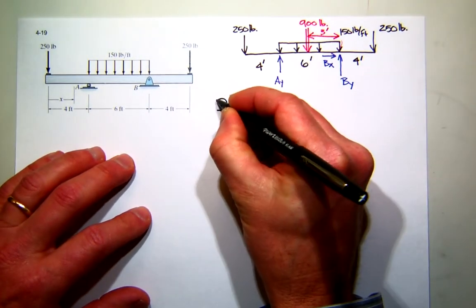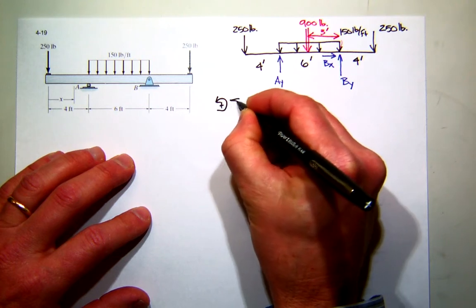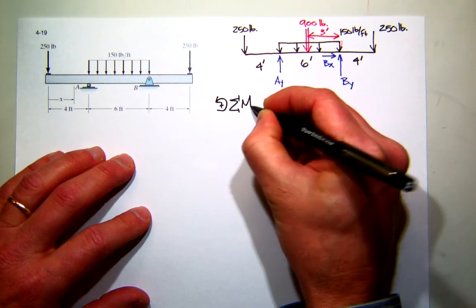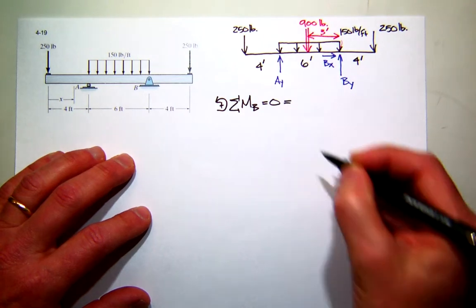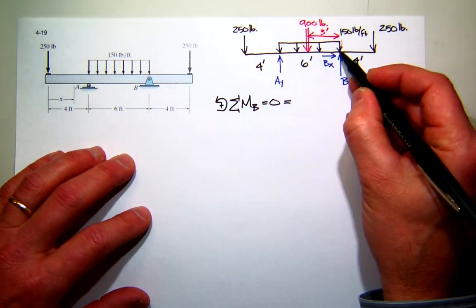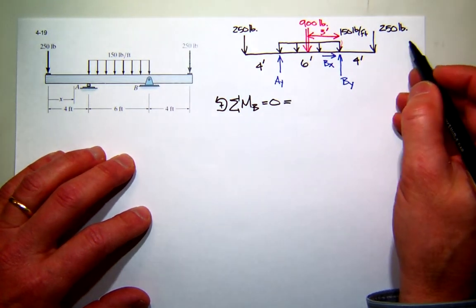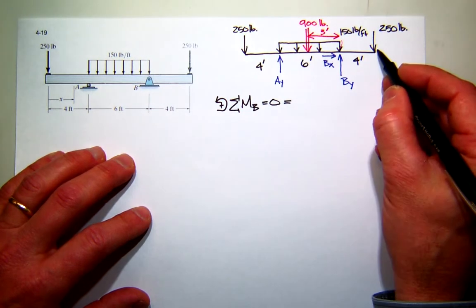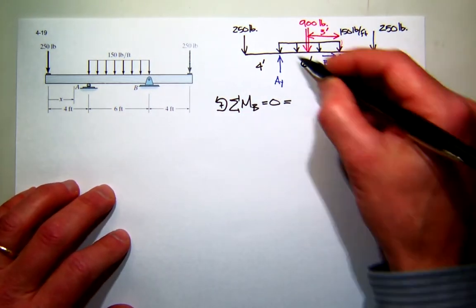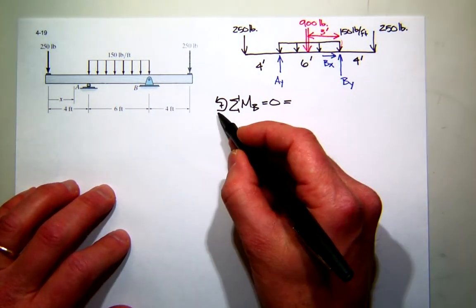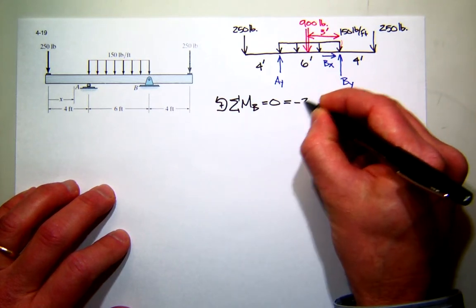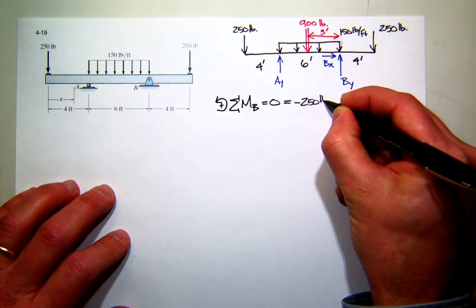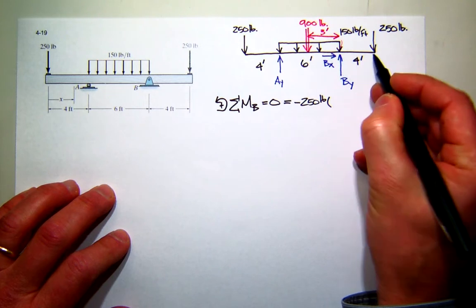So let's come in here and sum the moments about point B for the whole free body diagram. I'll just start from the right side and go this way. So look at this 250 force. What kind of moment does it create about B using my sign convention? Looks like it's negative. So I'll have a negative 250, and its moment arm is 4 feet.